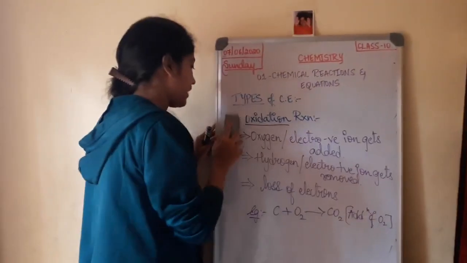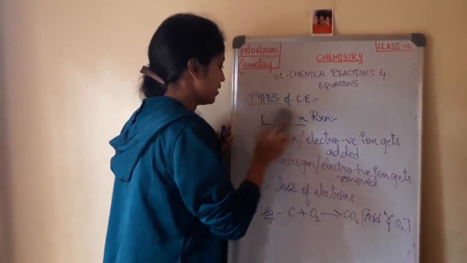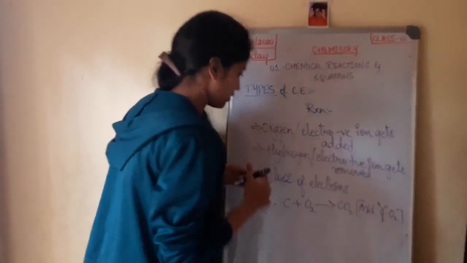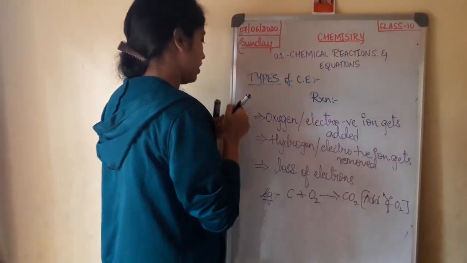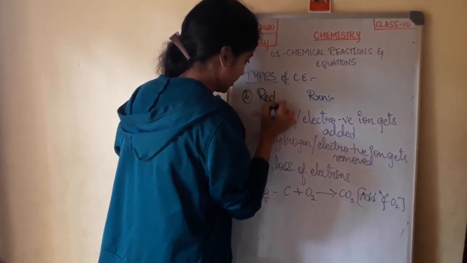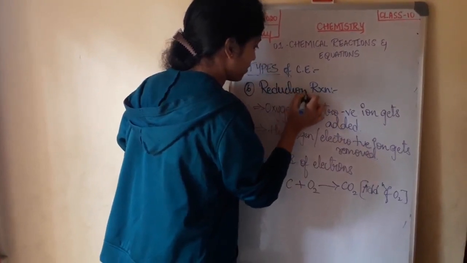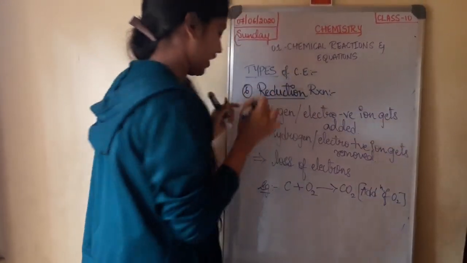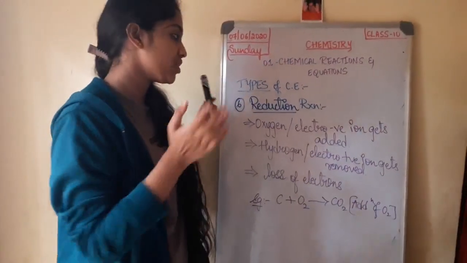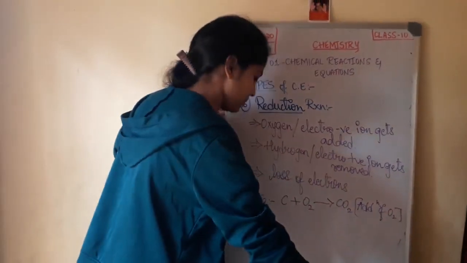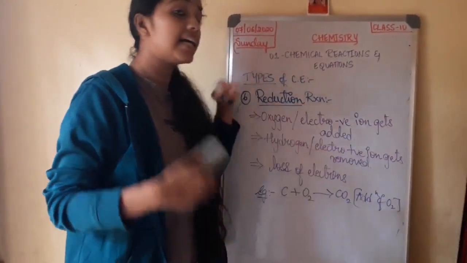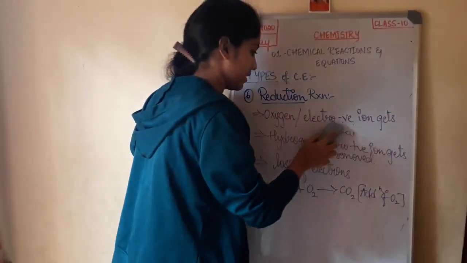Now the next reaction is quite opposite to the oxidation reaction, and that is called the reduction reaction. Now, the only change between the oxidation reaction and the reduction reaction is that oxygen or electronegative ion gets removed in the reduction.